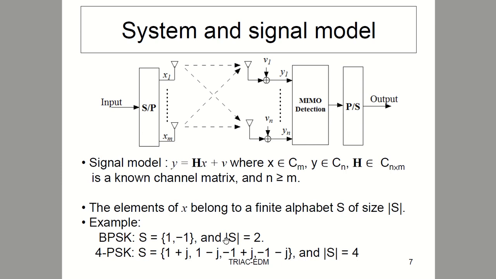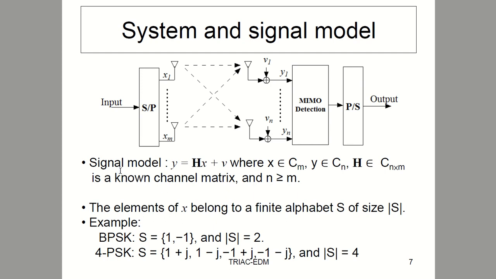As a result, the size of the signal set is 2. And if you have 4-PSK, then you have 1 plus j, 1 minus j, and so on, plus or minus 1 plus or minus j. You have 4 combinations, so the size is 4.